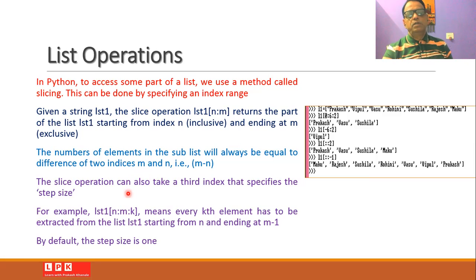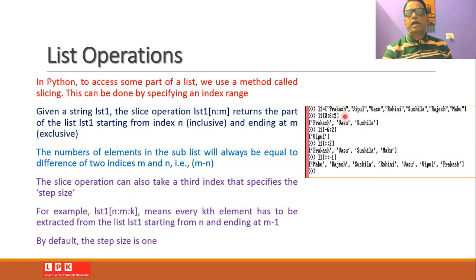The slice operation can also take a third parameter, which is called the step size. For example, if I write L1 with parameters n, m, and k, it means that every kth element has to be extracted from the list L1, starting from n and ending at m minus 1. If you do not specify the step, then by default the step size will be equal to 1.